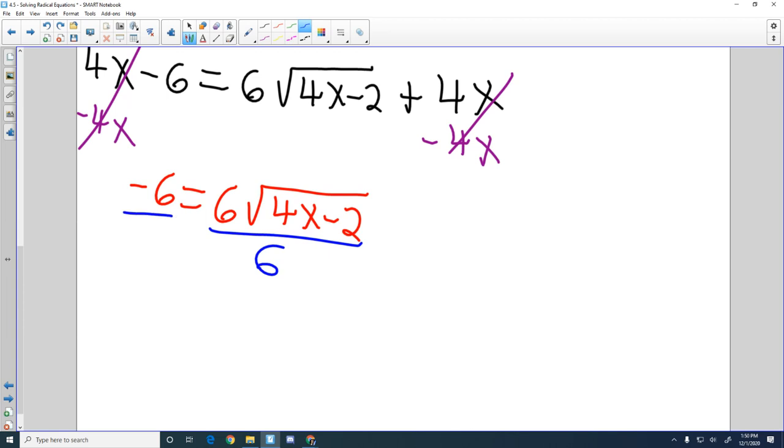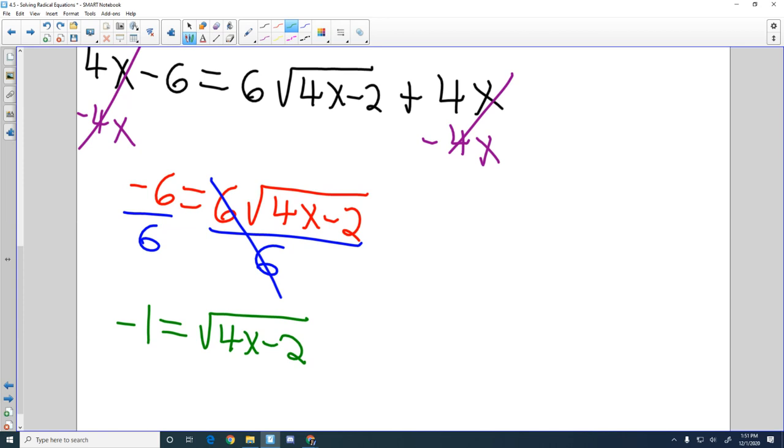Divide by 6. Divide by 6. Because 6 divided by 6 is 1, it cancels out. Over on the left side, what's that going to equal? A negative 1. Excellent. So negative 1 equals the square root of 4x minus 2.